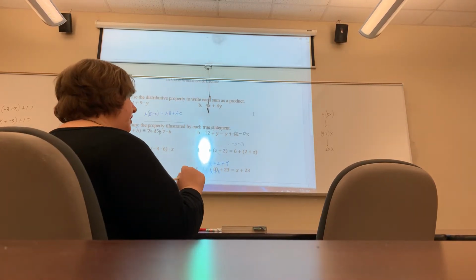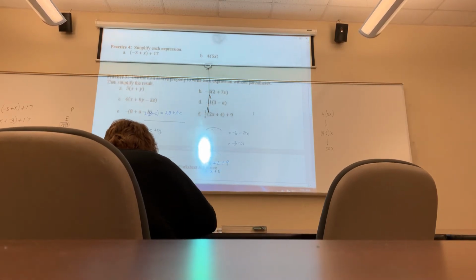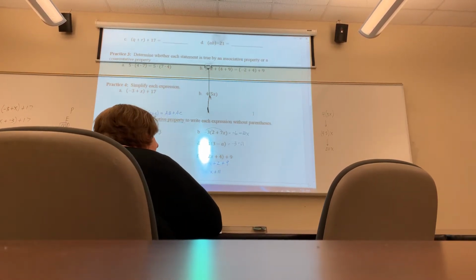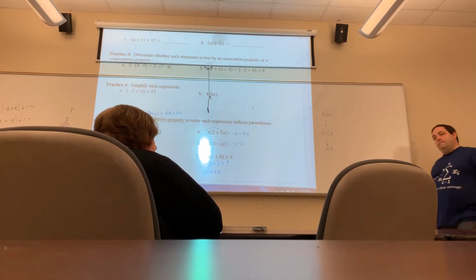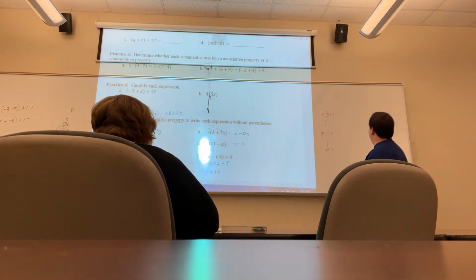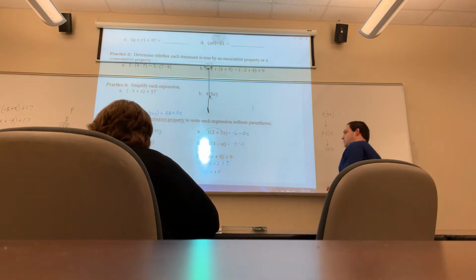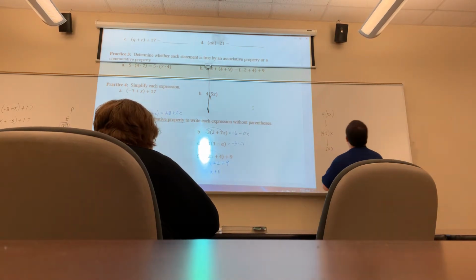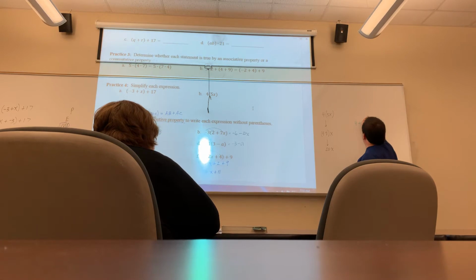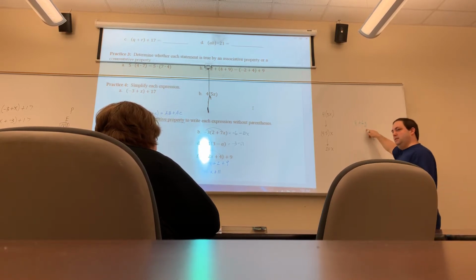Oh, I do. Go for it. So, I get that we can do 4 times 6y, but I do want to do 4 plus 6y. No. Because they're not like terms. If I try to do 4 plus 6y, it's like saying 4 something plus 6 something else, like 4 apples plus 6 bananas.